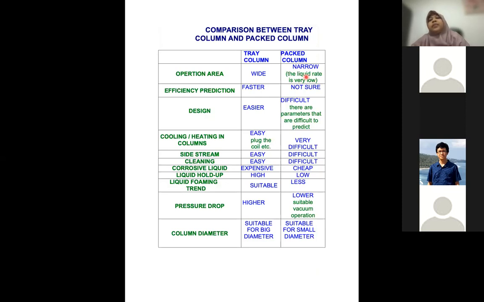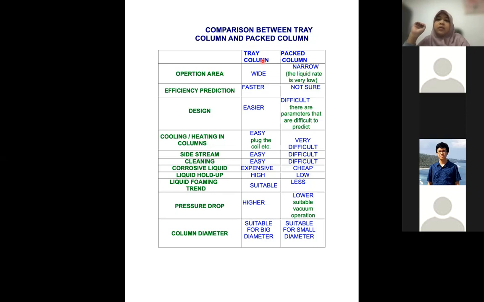Okay, so in summary, it can be used for two types of column. We can use a tray column for absorption, and we can use a packed column also for absorption. But the difference is, for the tray column we have a wide operation range, so we can change the reflux rate, we can change the feed, let's say, and then it may affect the condenser and the reboiler.